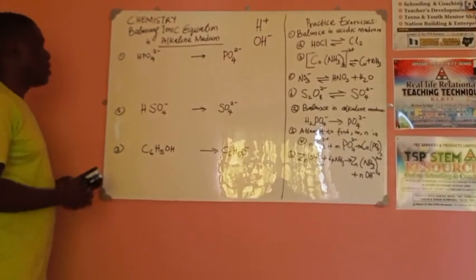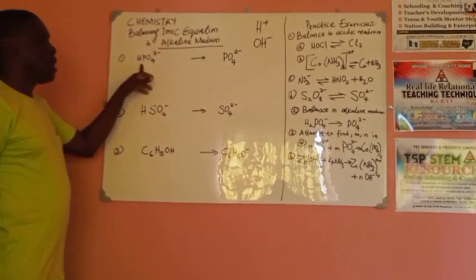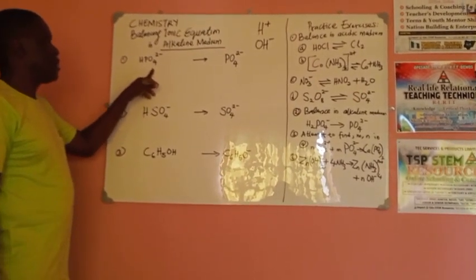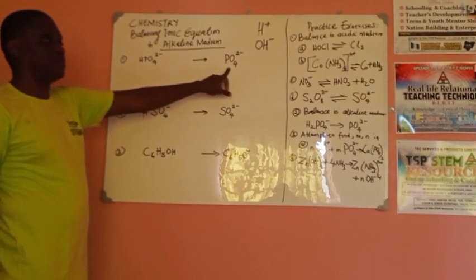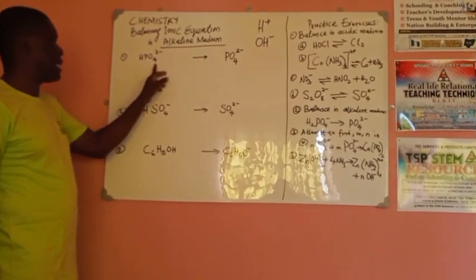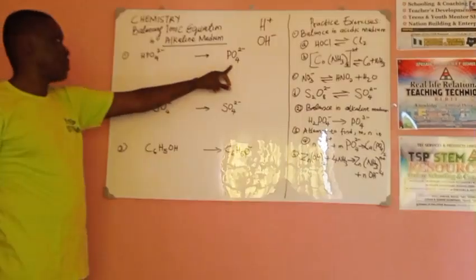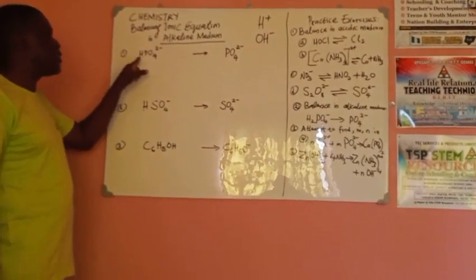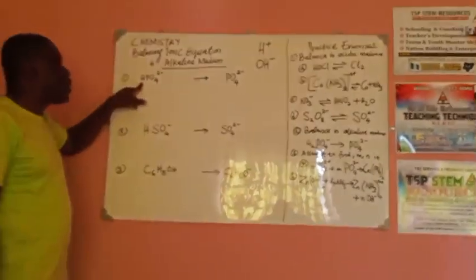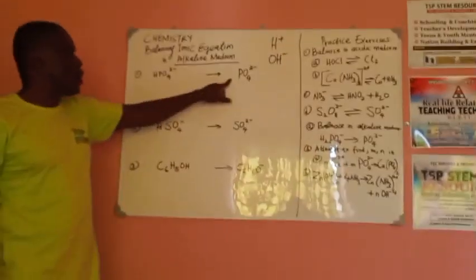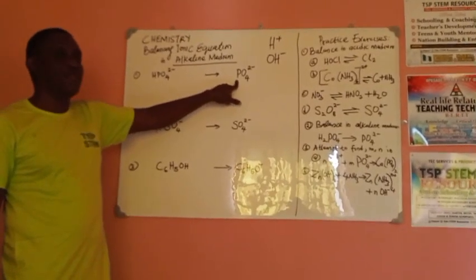Now let's go. If you look at this equation, hydrogen phosphate giving us a phosphate ion. Now this side is already having 1 atom of hydrogen. This one is deficient of hydrogen.